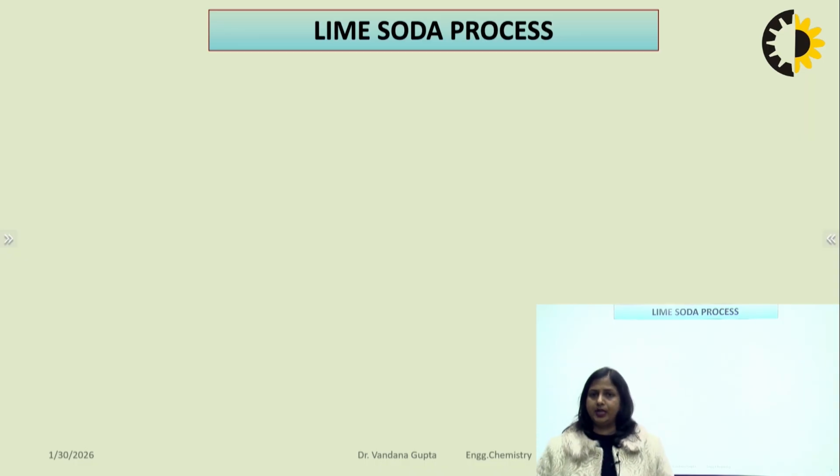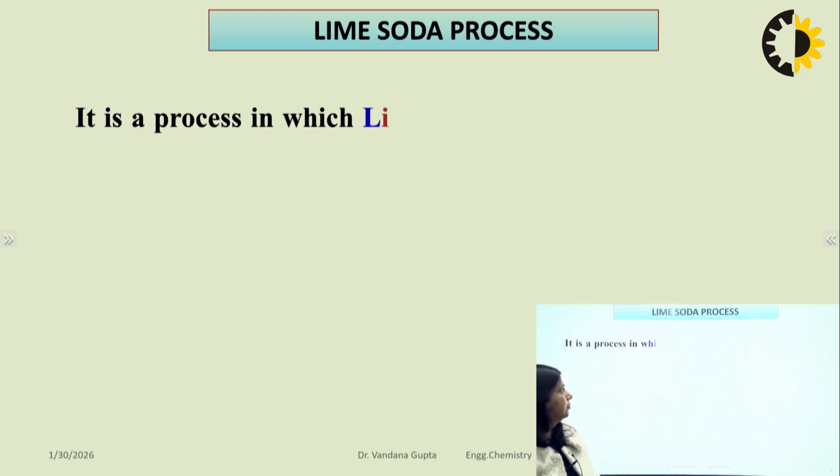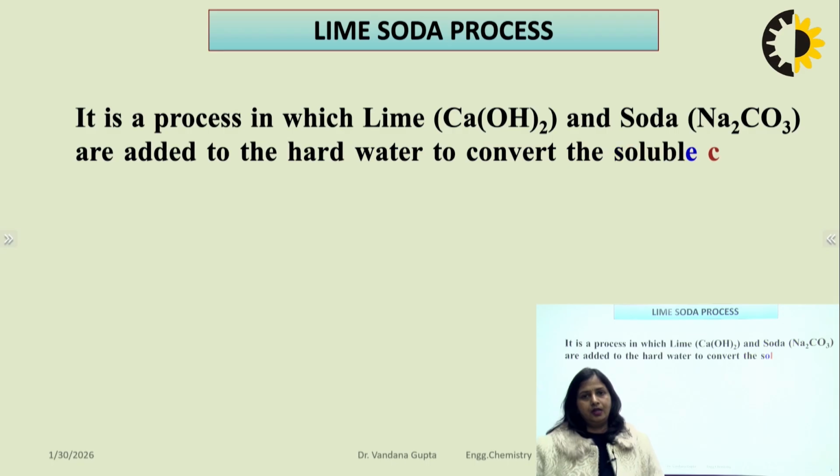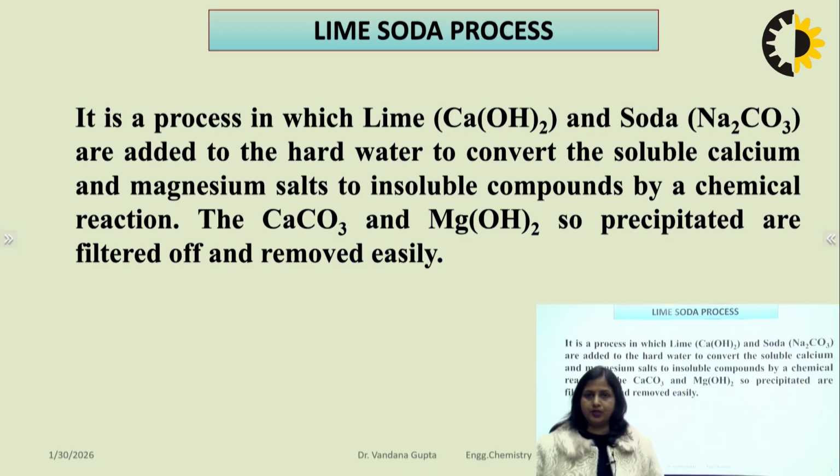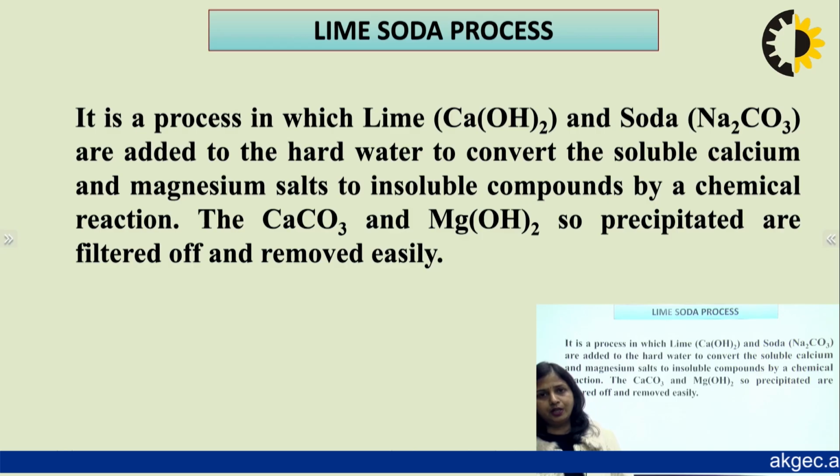Now, let's start today's main topic, that is lime soda process. In lime soda process, the calculated amount of lime, that is calcium hydroxide, and soda, that is sodium carbonate, is added to the hard water. When we add lime and soda to the hard water, then all the hardness causing soluble salts of calcium are converted into calcium carbonate and all the hardness causing magnesium salts are converted into magnesium hydroxide.